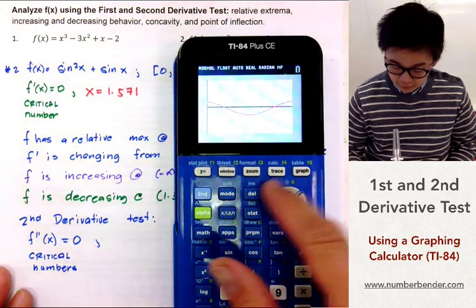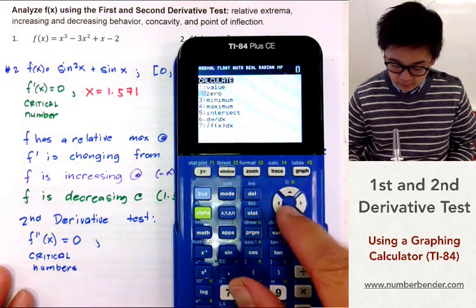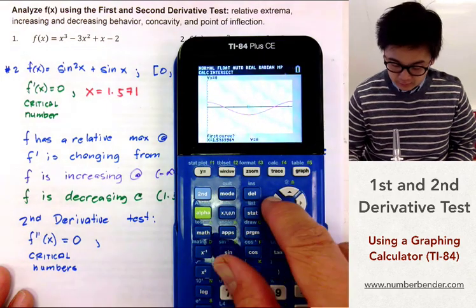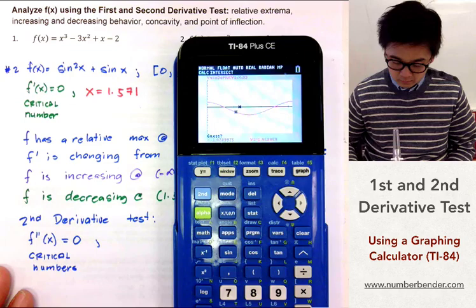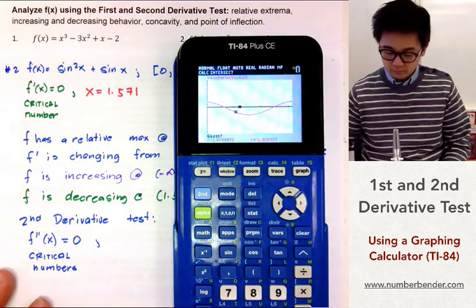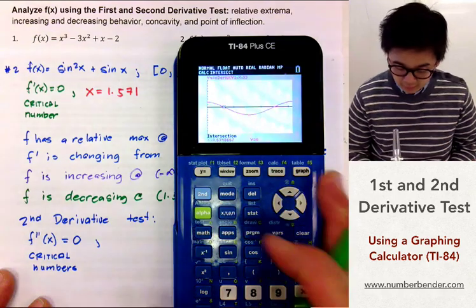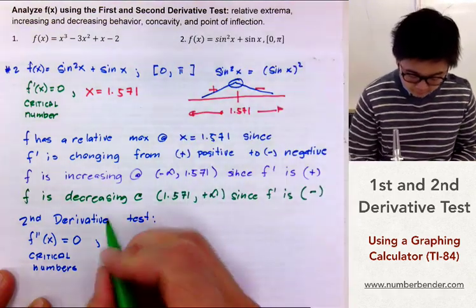So to find the first critical number, second function, trace, intersect. Let's find this one first. And the first critical number is at x equal to 0.635.